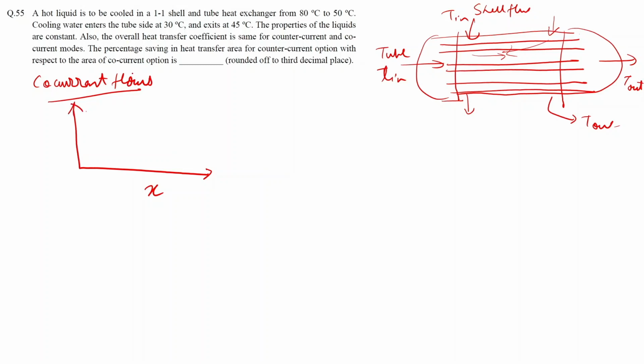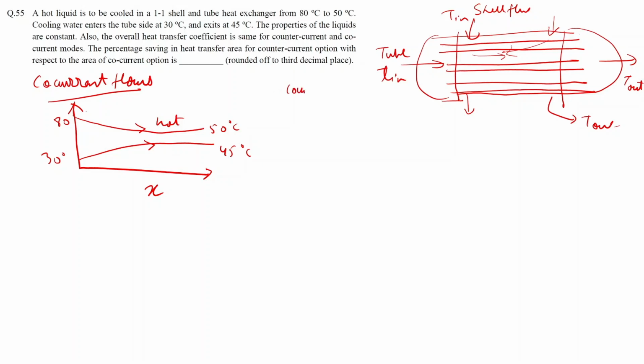The temperature of the hot fluid will decrease from 80 to 50 degrees Celsius, and the cooling water enters the tube side, so for the tube side it will increase from 30 to 45 degrees Celsius. The flow directions are the same.